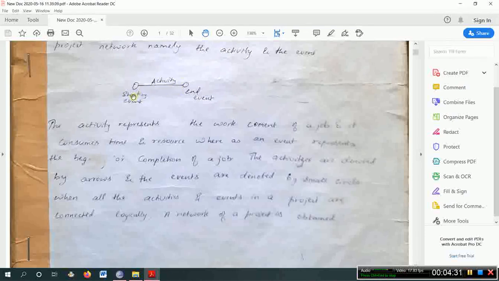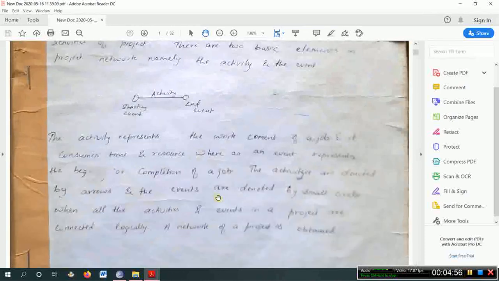Starting the lathe machine is an event, and switching off the lathe machine is an event. At what time you started the lathe machine and at what time you ended it constitutes the starting event and the end event. Activity means the processing, the work done, and here thread cutting is the work.